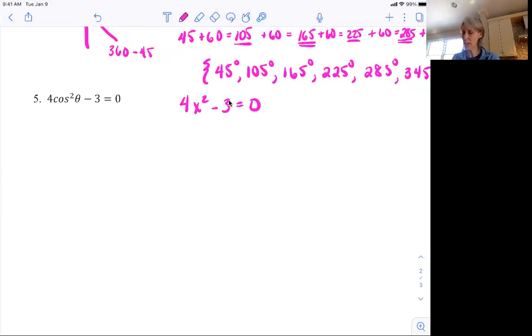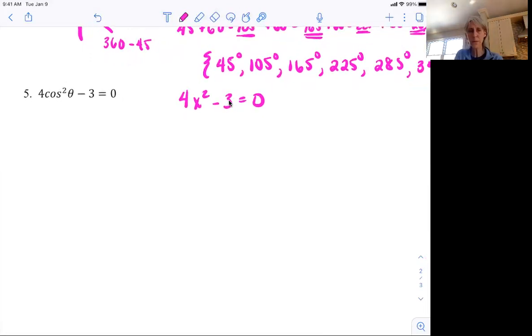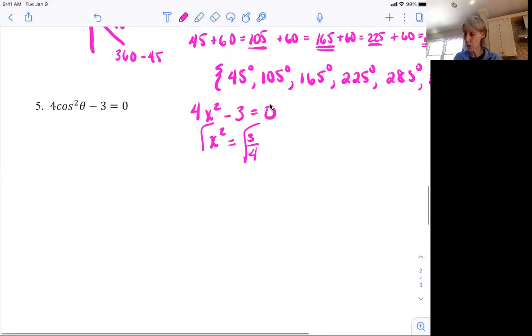So if this was 4x squared minus 3 equals 0, you would isolate the variable and square root it. So we're going to use that same approach over here.